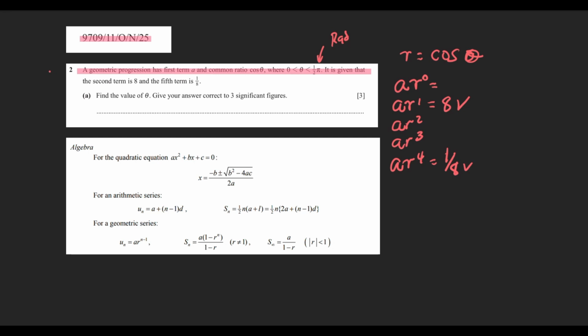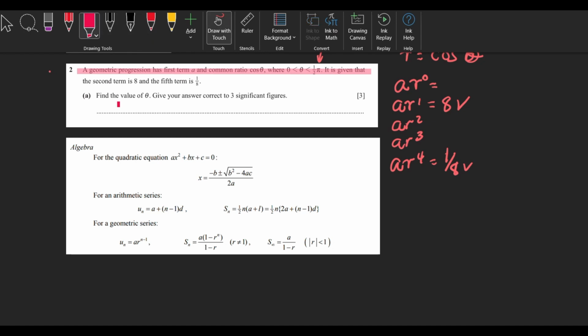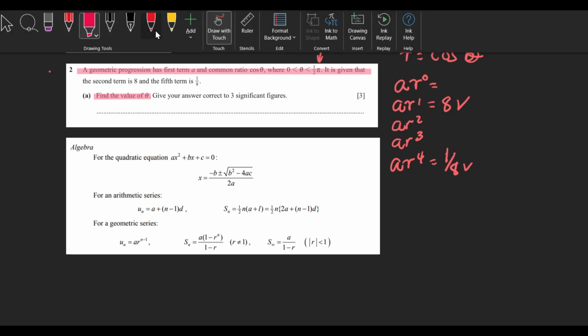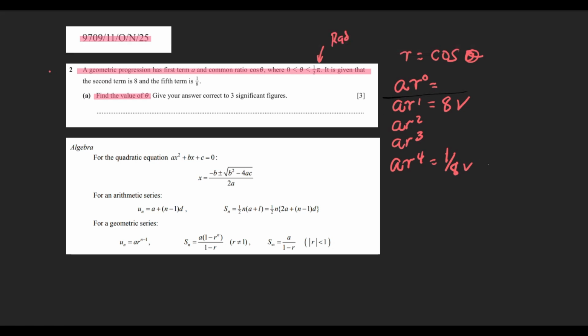Now, they want you to find the value of theta, which lies inside cosine theta. Find the value of theta, giving your answer to three significant figures. This is a simultaneous equation, because you have two equations with A and R, and they also tell you the common ratio is cosine theta.